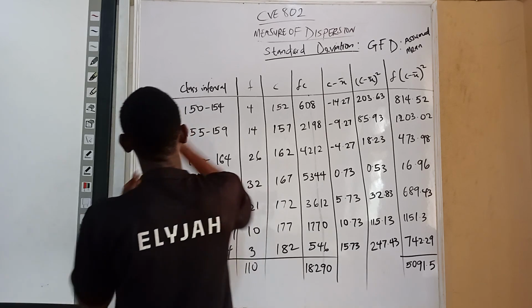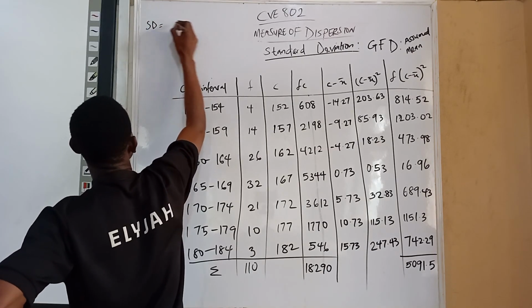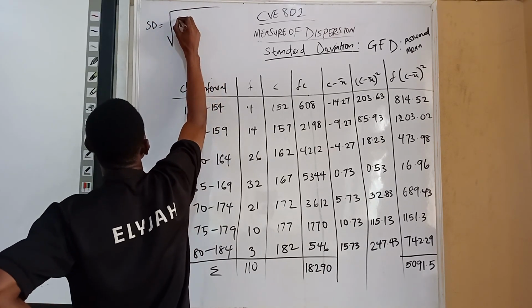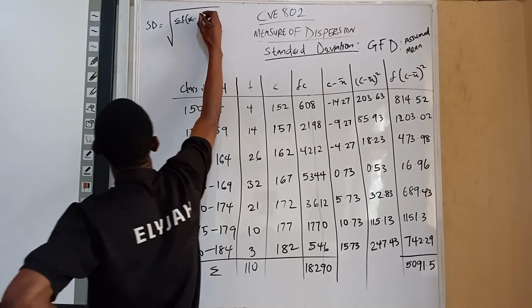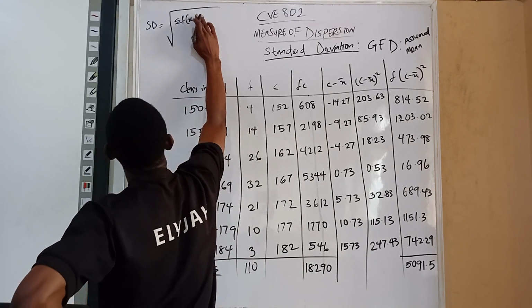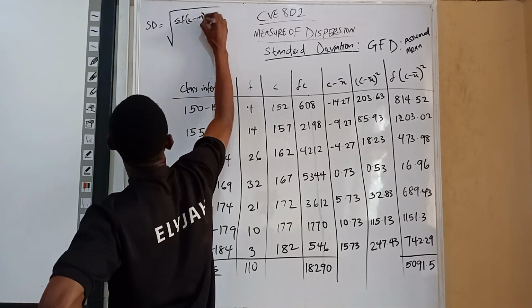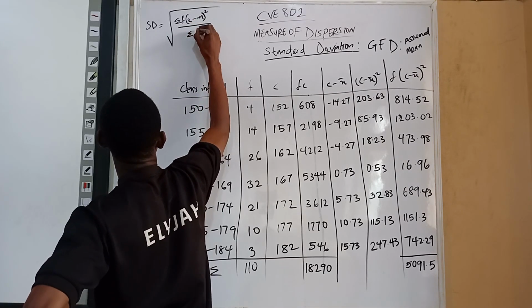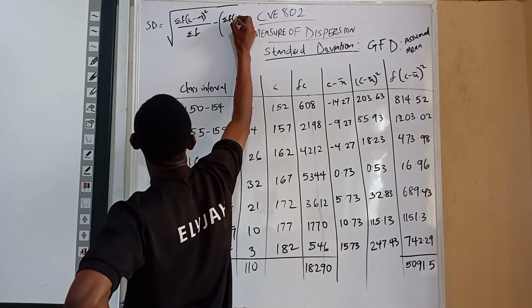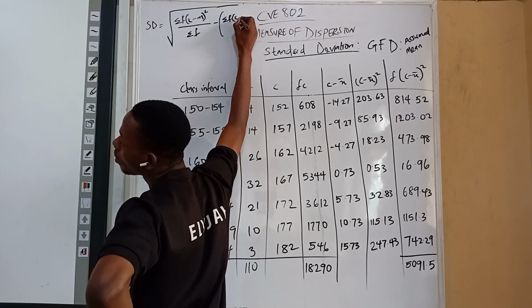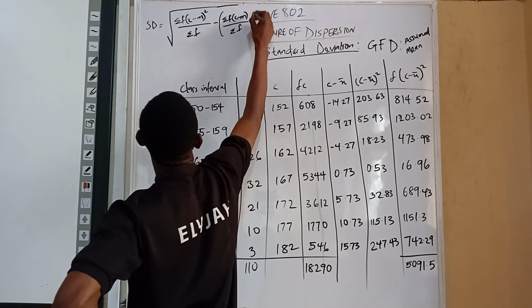So for our assumed mean, we know that our standard deviation SD is equal to square root of summation f into c minus m squared over summation f, minus open bracket, summation f of c minus m, and the second one is squared.